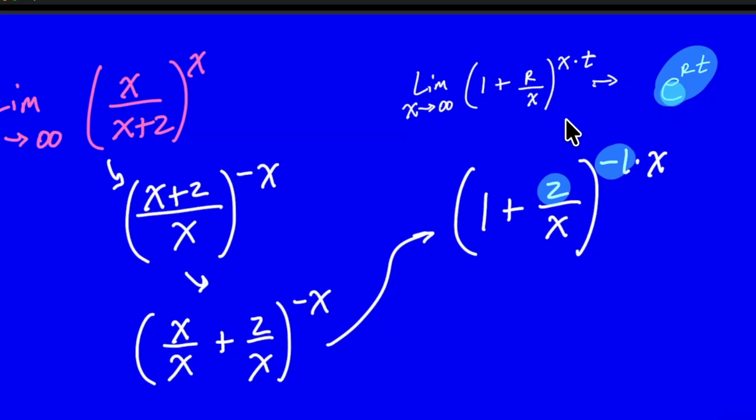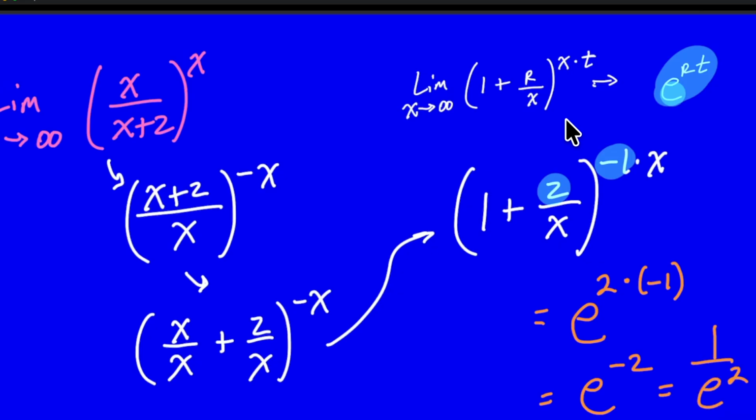So the only thing that survives out of this is e to the r times t. Therefore, it's going to be e to the negative 2, otherwise known as 1 over e squared.